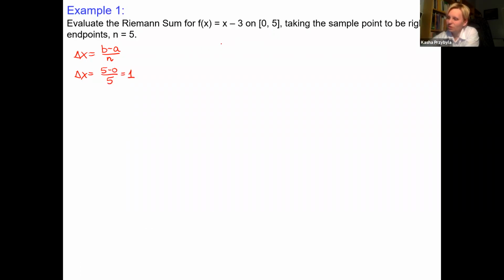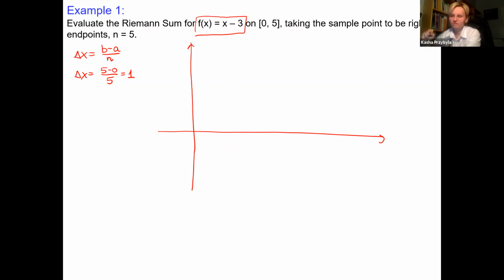I will draw the function. The function f of x equals x minus 3 is just a straight line with slope 1 and y-intercept negative 3. Do you think that's the right line?